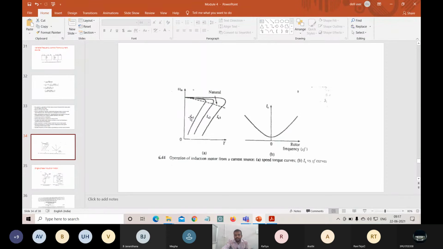If you are going to consider the stator current at some particular point, just consider some torque value. Normally all the motors start at the same speed. This is the speed. So at torque 0, the omega m is maximum. What does that mean?